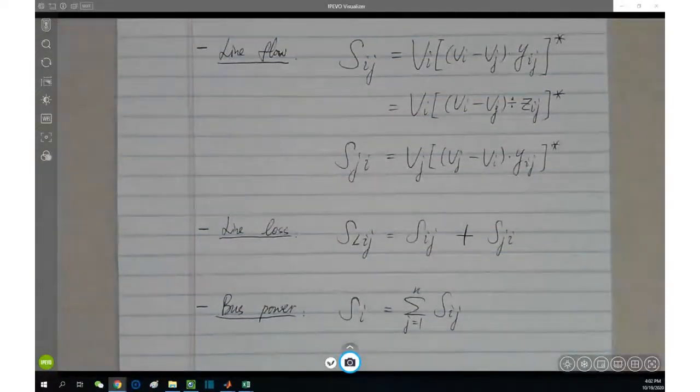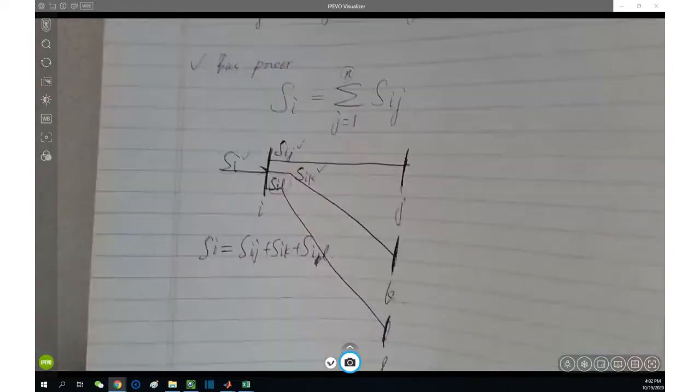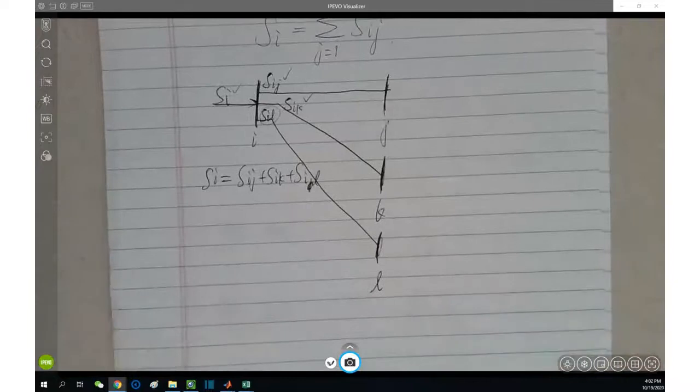First of all, we are reviewing the formulas we learned from last lecture regarding the power flow. We are assuming a per phase representation of a network. What you're seeing here is a bunch of buses.